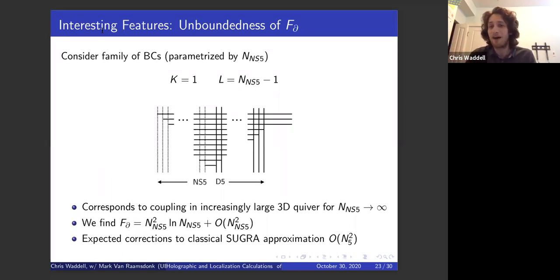And what we find when we use this particular boundary condition in our expression for boundary F is an expression which has an n squared log n behavior, where n is the number of NS5-branes appearing in our boundary condition. And we can argue that generically we expect the corrections to our classical supergravity approximation to be comparatively subleading. So we take this to be evidence that in general, by taking boundary conditions in this family with an increasingly large number of NS5-branes, we can make this boundary F as large as we want.